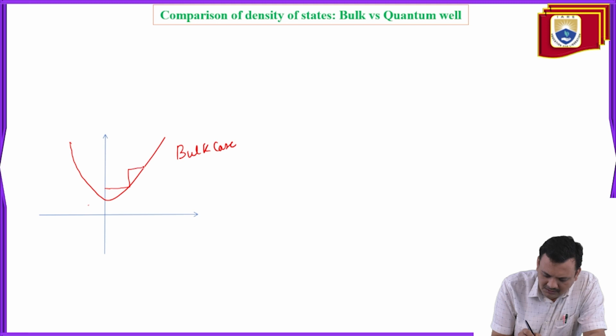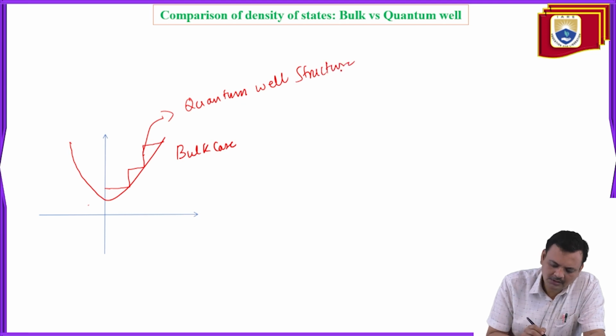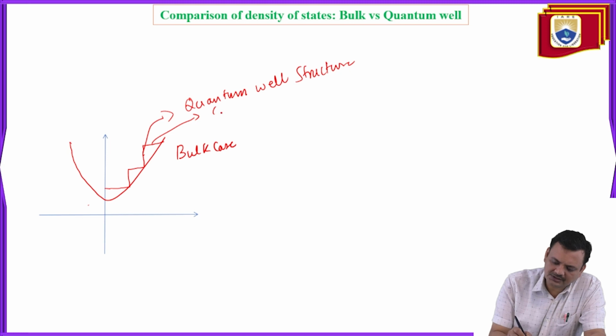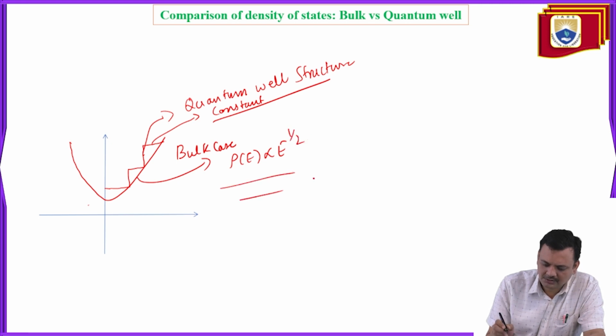So this is for your quantum well structure. This density of state is constant for a quantum well structure, but this is the bulk case where the density of state rho E varies according to E to the power half.